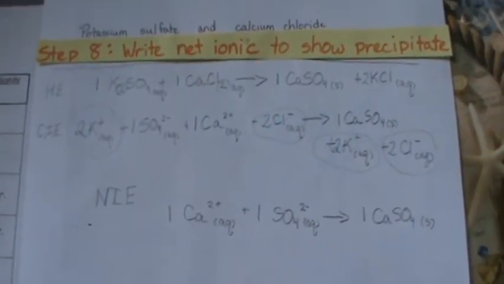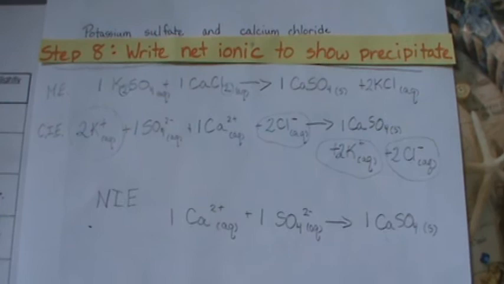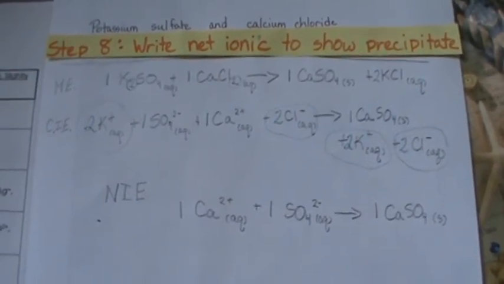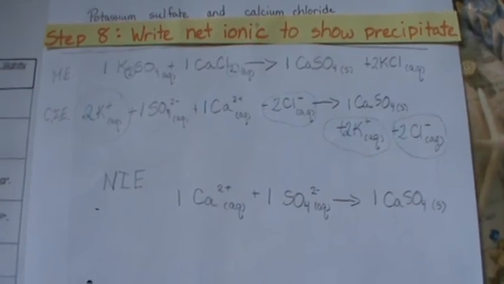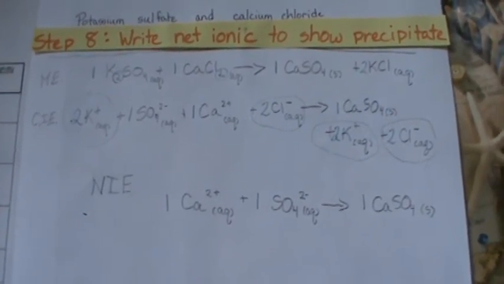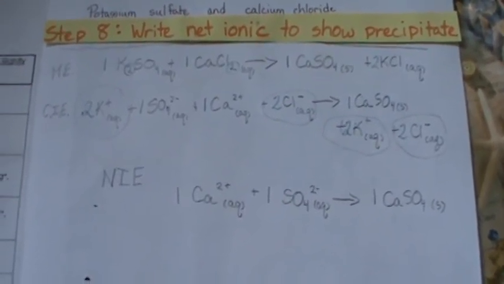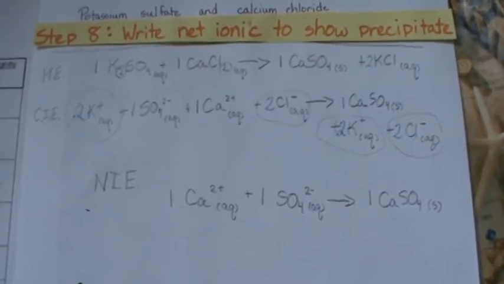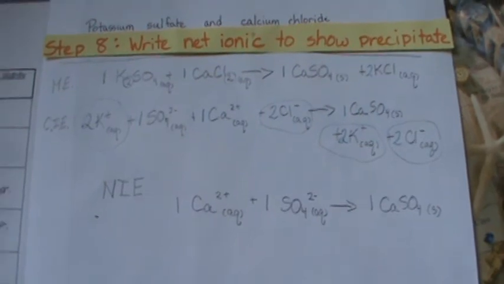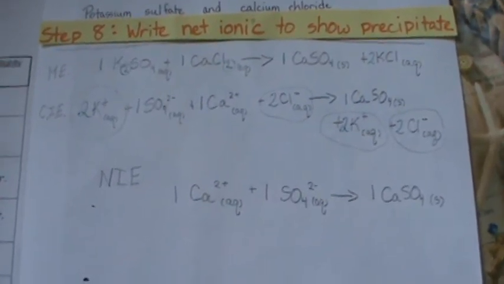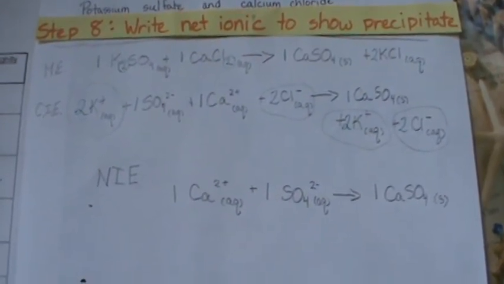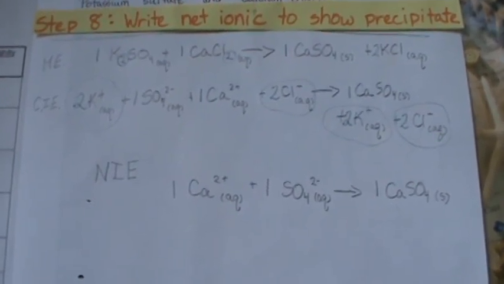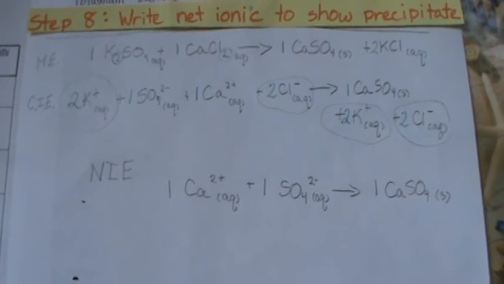And that is a molecular equation, a complete ionic equation, and a net ionic equation. The first one shows everything together as units. The second one shows everything that is aqueous broken apart as ions, because that's what it really looks like inside a solution. And the last one shows only the ions that are bonding together to form a precipitate.